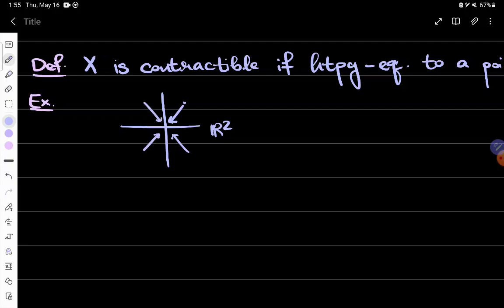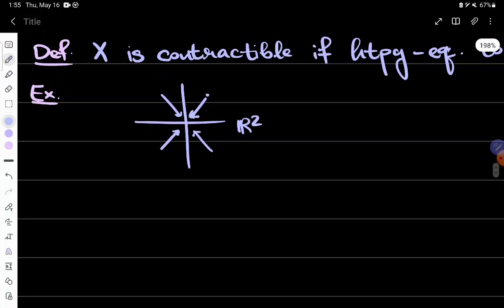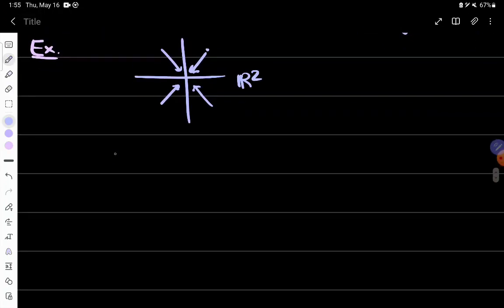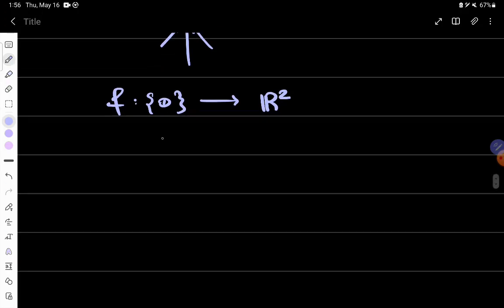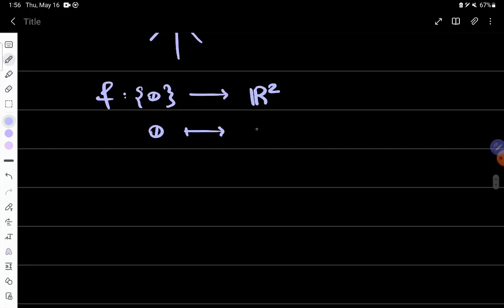And specifically, right, you have f from, let's say, this is a single point, just 0, to R^2, which embeds 0 to the origin.